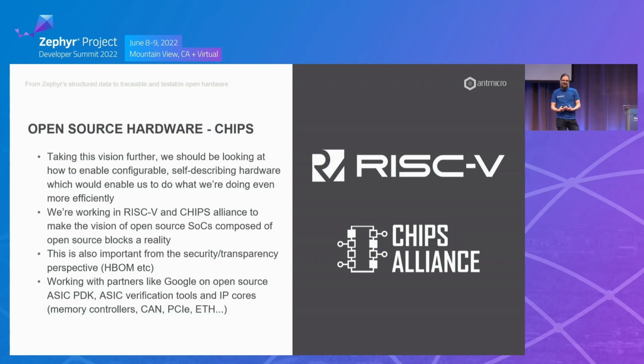We're looking at topics like hardware BOMs, like how do you more efficiently explore what's inside a chip. We're also working on open source IPs. We're building open source memory controllers, CAN controllers, working on real silicon-focused projects where open source IPs are being used. And we believe there's a huge future to this.